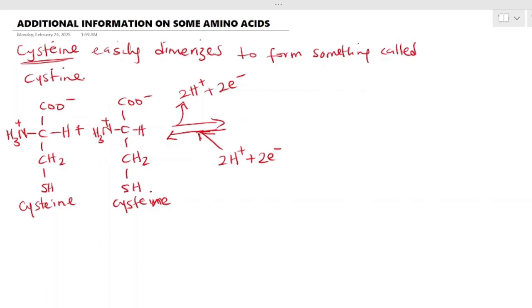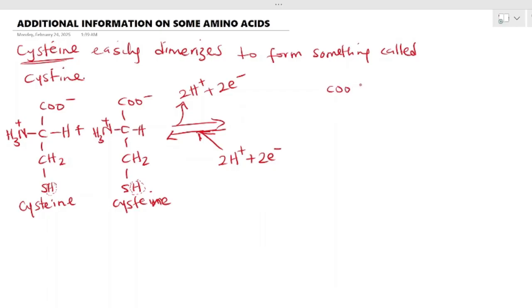The 2 hydrogen that are given off during this dimerization are the hydrogen attached to the S. So these 2 hydrogen come together and are given off in the process, and what you have produced is your cystine.